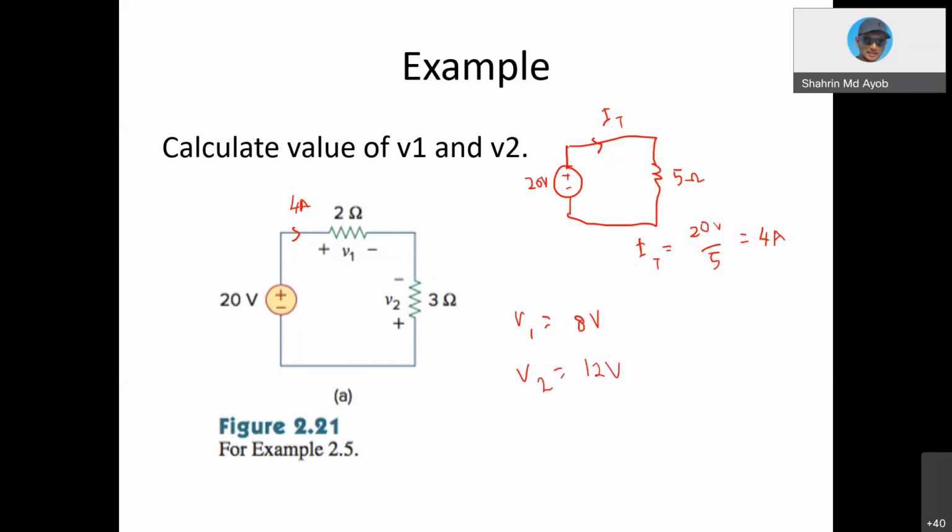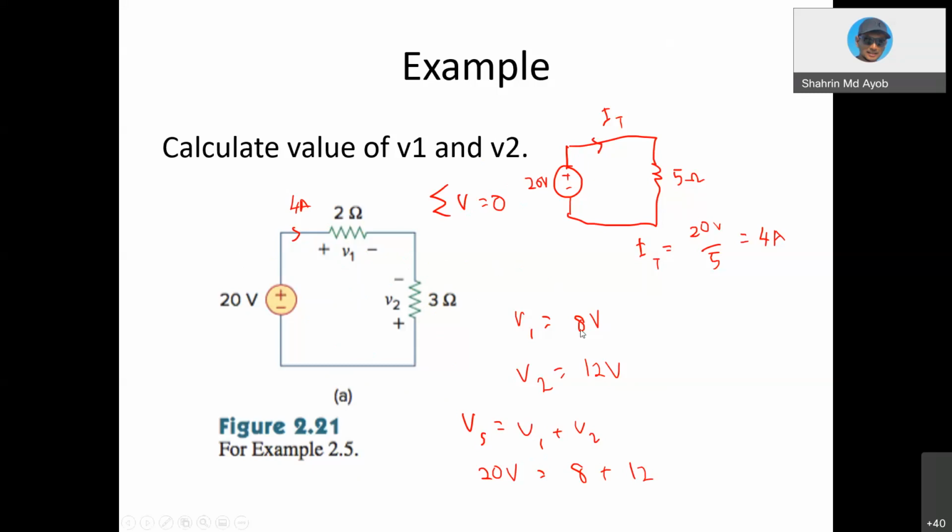And as you can see, by using KVL, the voltage source must equal V1 plus V2. Right now your voltage source is 20 volt, your V1 is 8 and your V2 is 12. So 8 plus 12 is 20. Same. So that's why in KVL, the summation of the voltage inside a closed loop must equal 0. Meaning that all the voltage source must equal the voltage drop across the resistors in a circuit.